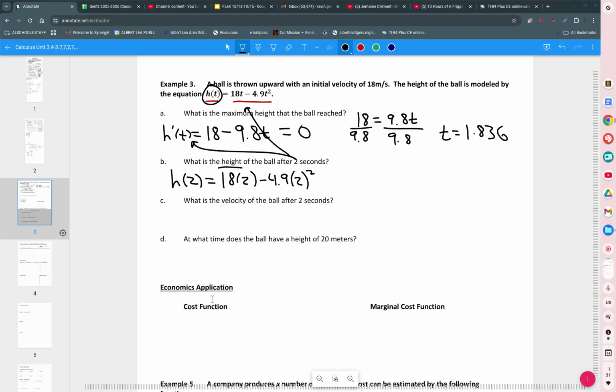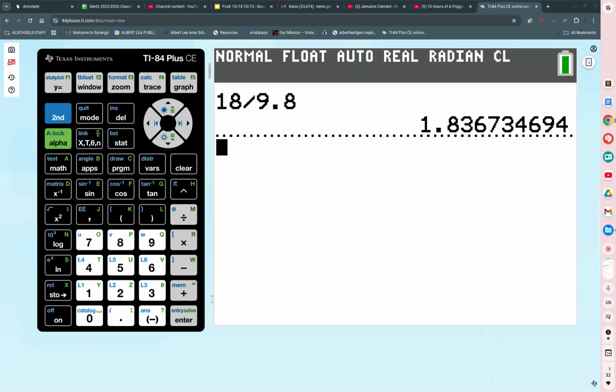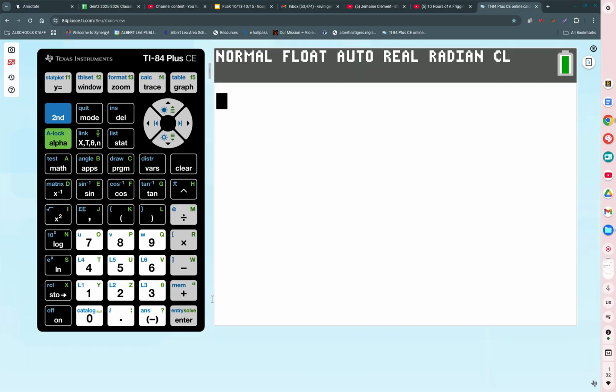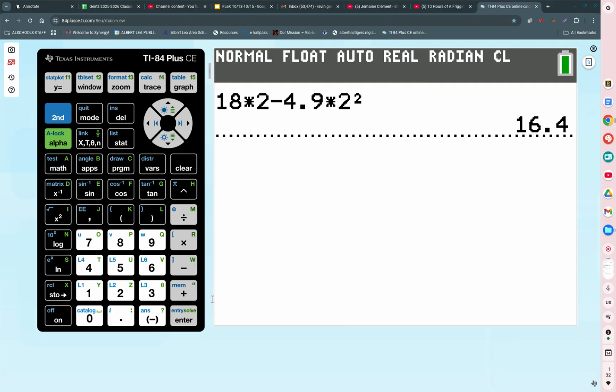So I'm going to go ahead and plug that in. 18 times 2 minus 4.9 times 2 squared. 16.4.